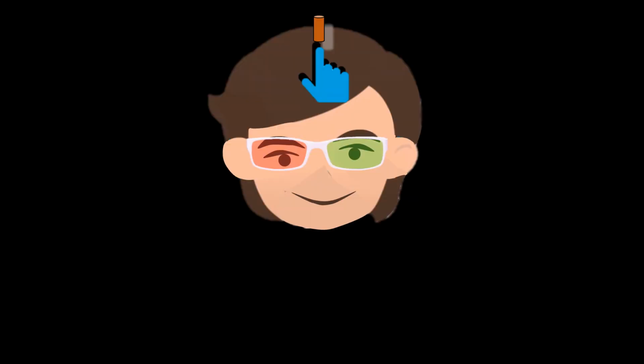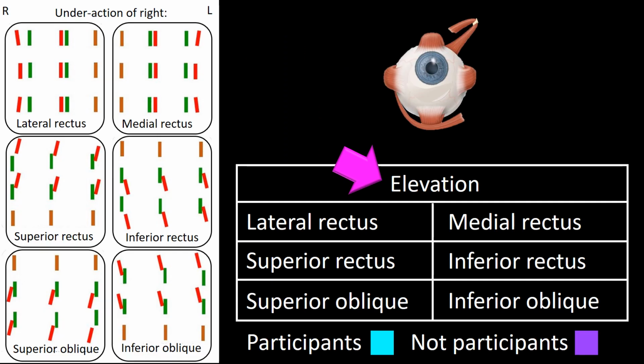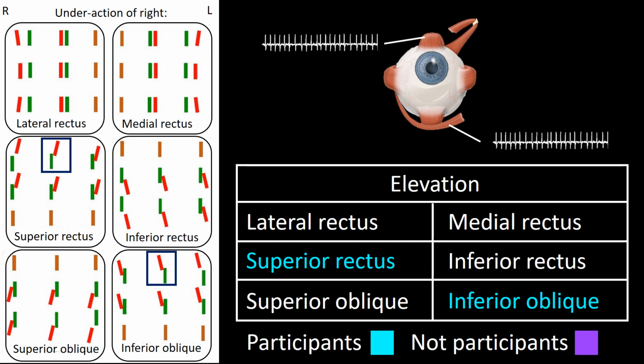Now we will look at right eye elevation as indicated here. As you can see in the diplopia composite chart, judging by the degree of diplopia present in cases of underaction of the superior rectus and the inferior oblique, both the right superior rectus and inferior oblique significantly contribute to right eye elevation, as illustrated here.